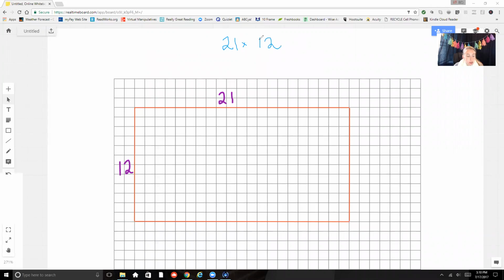But here I wanted to show you that you can break it down even further if you need friendlier numbers. So here what I did is I broke it down into 20 times 10 because I took the 1 off of the 21 and the 2 off of the 12. But then I need to go back and say 20 times 2 because I need that 2 still to multiply by that 20.